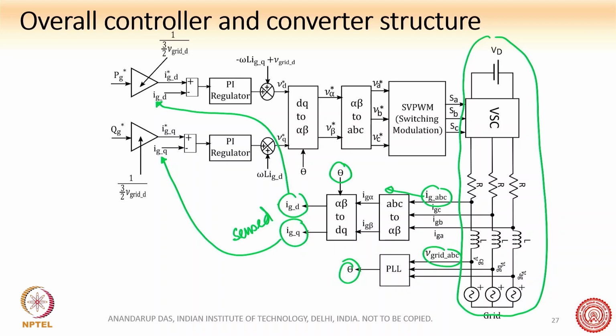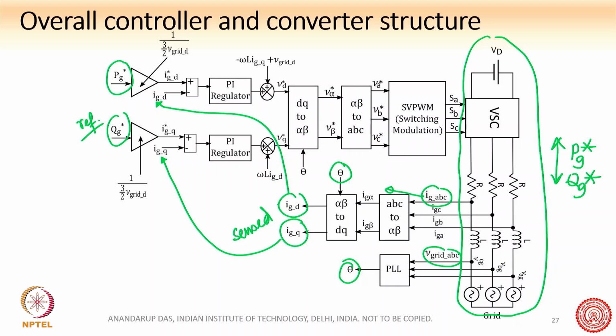Then there are also some references, which I will talk about one by one now. The overall controller structure has certain components. We have a reference, which means that we are asking the voltage source converter to exchange a certain amount of PG star and QG star with the grid.